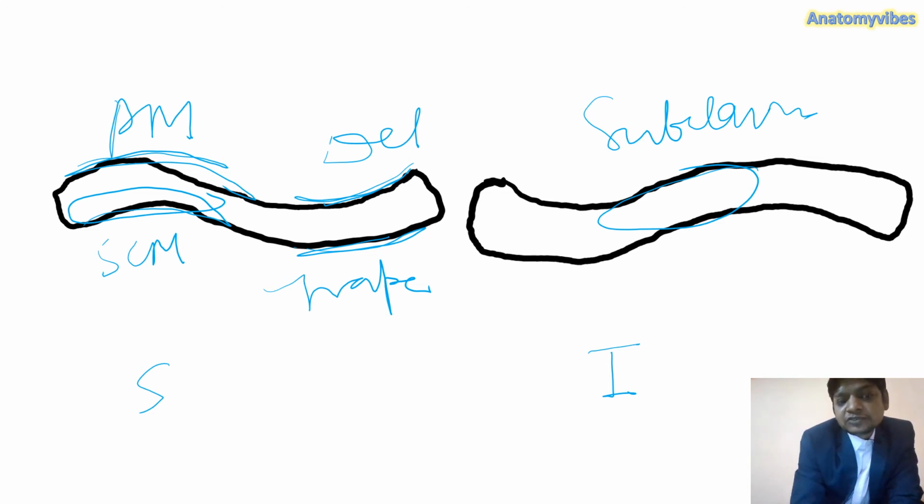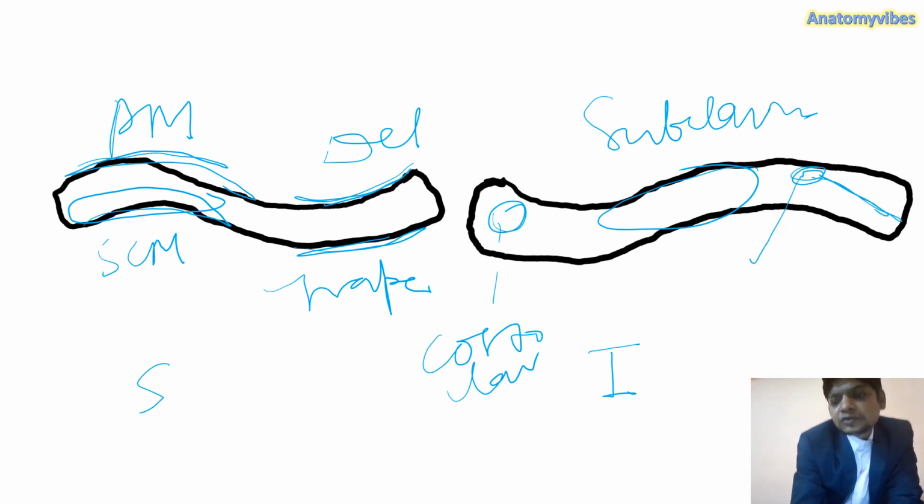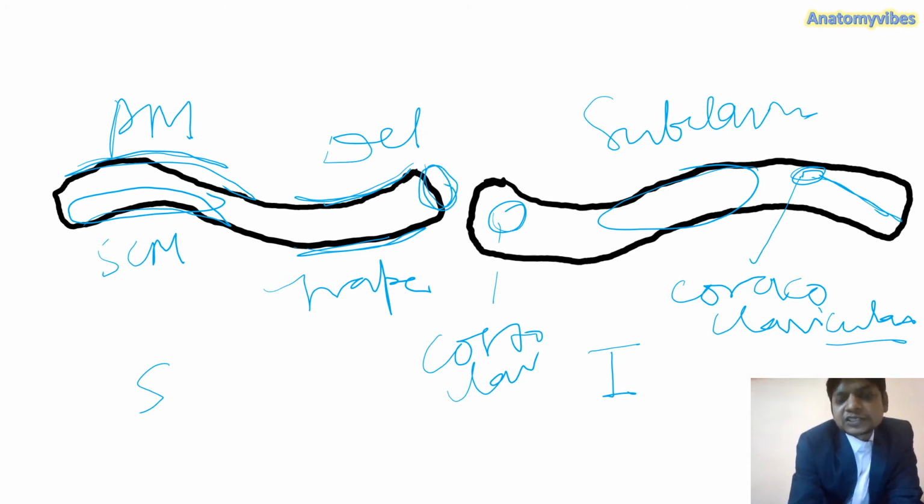Now coming to the ligaments. What are the ligaments which we have studied? Here is the costoclavicular ligament. Here will be the coracoclavicular ligament. If the acromion process is attached here, some ligaments will also be attached here.